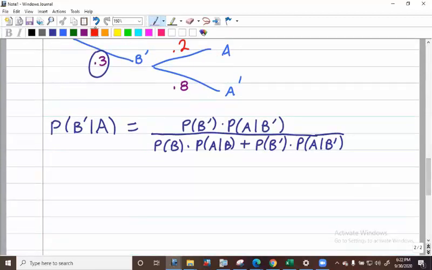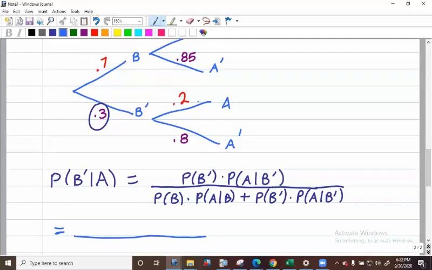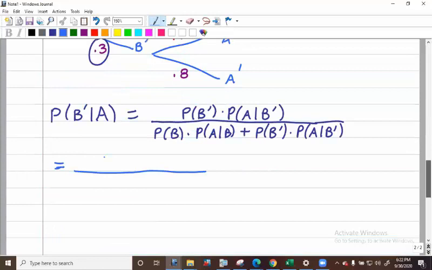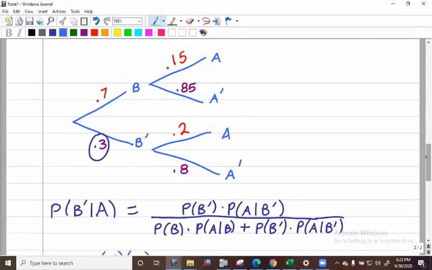All right, so let's see what we have here. B prime, 0.3. A given B prime is 0.2. And P of B is 0.7.